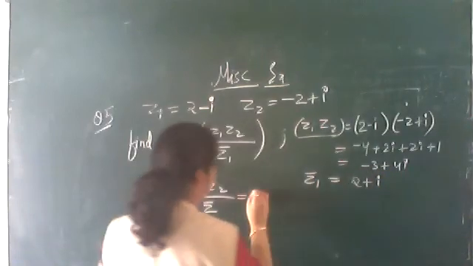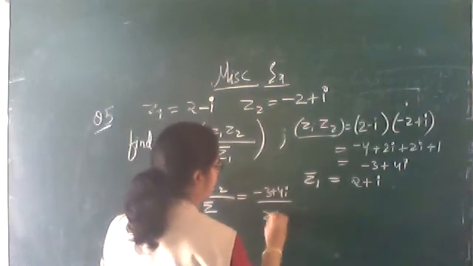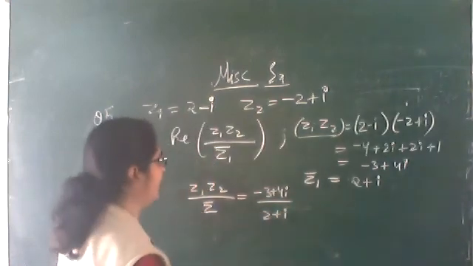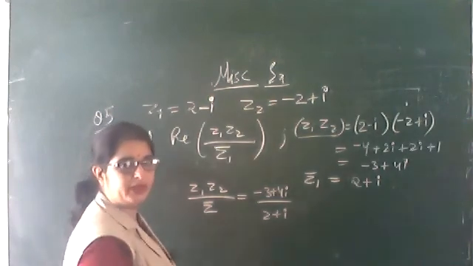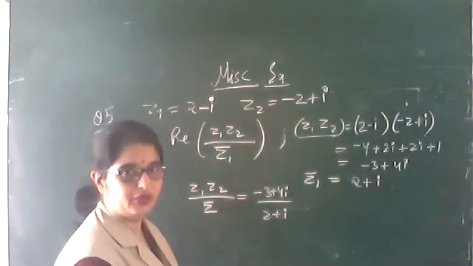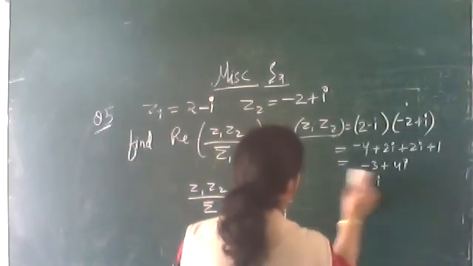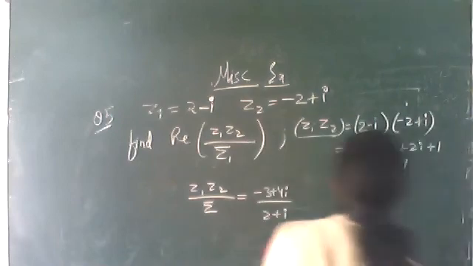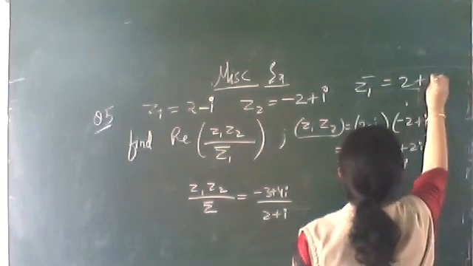Z1 into Z2 is minus 3 plus 4 iota divided by 2 plus iota. Z1 conjugate is equal to 2 plus iota.